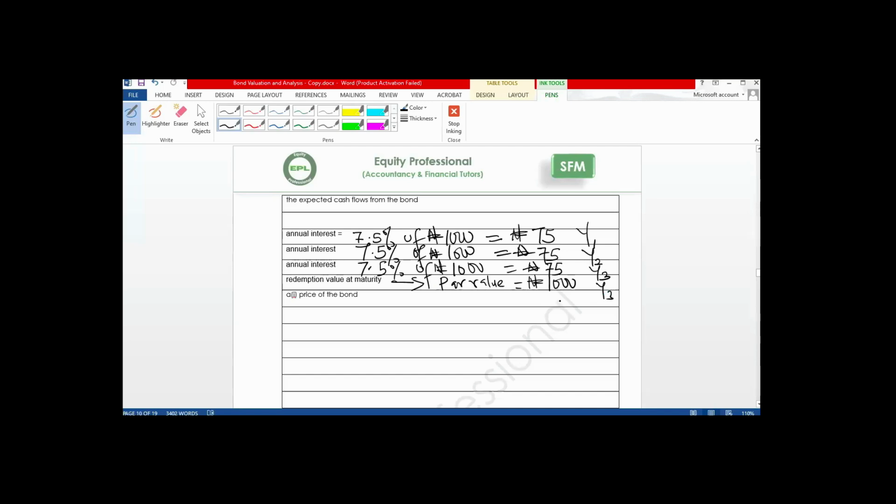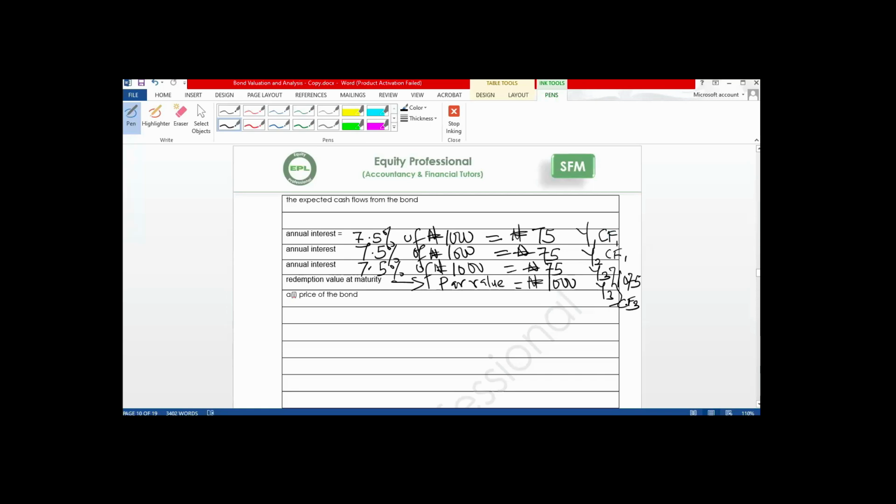You observe that in year 3, you have 2 cash flows: the annual interest plus the redemption value. You can add these 2 together. That will give me 1,075. You have gotten the cash flow in year 1, year 2, and year 3.